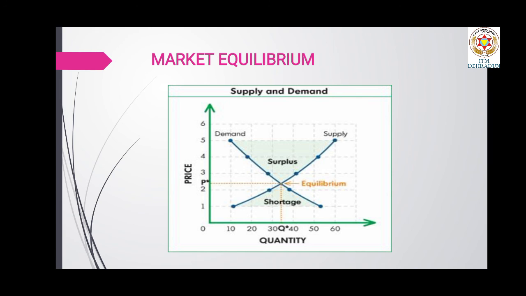So here again, if the price goes up, there is a surplus in the market as the supply is more than the demand. Similarly, if price goes below the equilibrium price, there is an excess of demand, but due to the shortage of supply, the price again comes up and creates a balance.